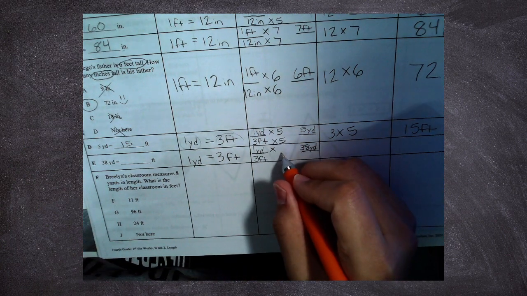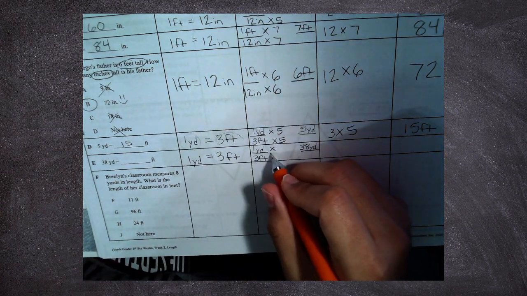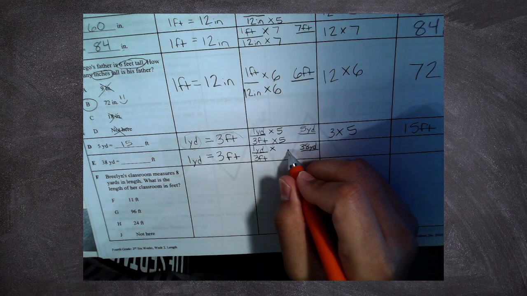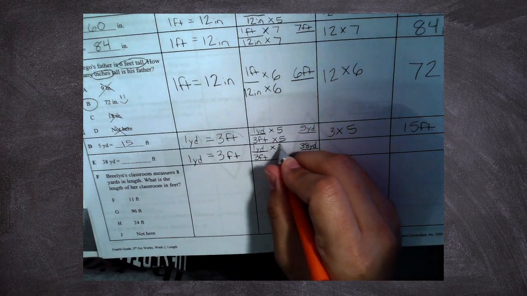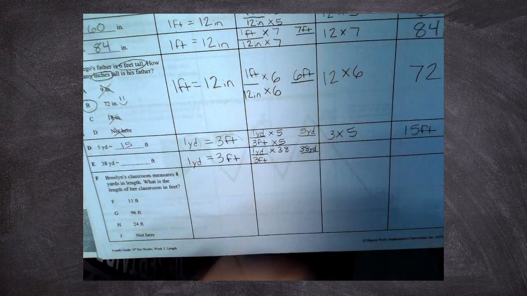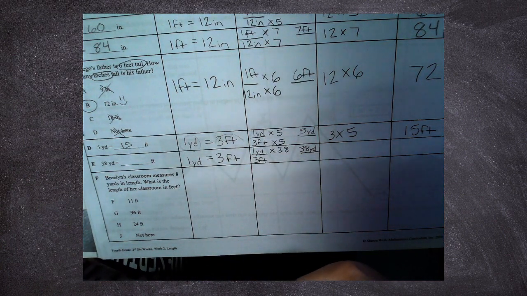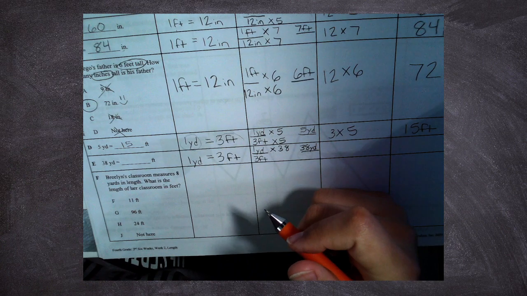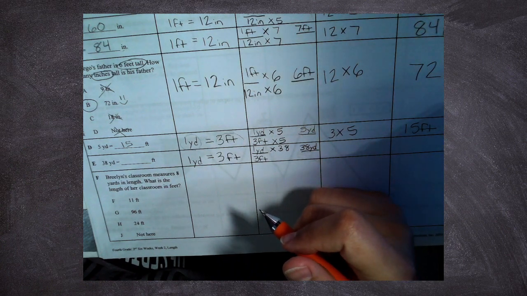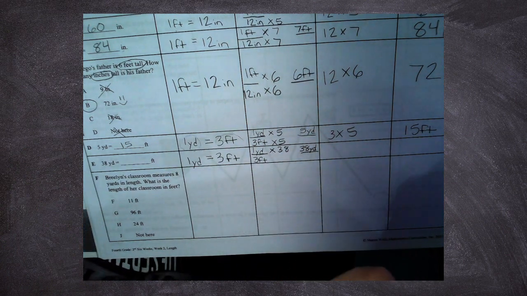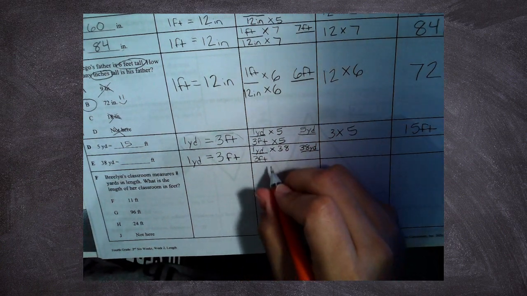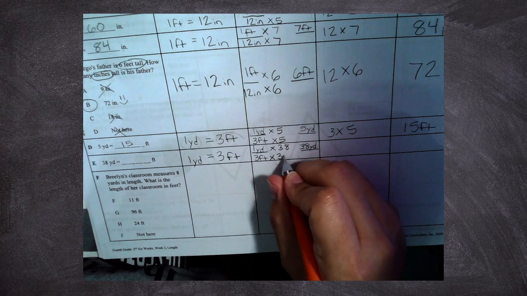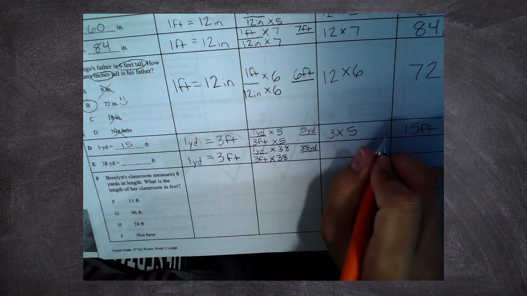So what could I multiply? 1 times what? 38. 1 times 38 would make 38. And like we've been saying, I need to be equal. I need to be even. So that means I need to do 3 times 38.